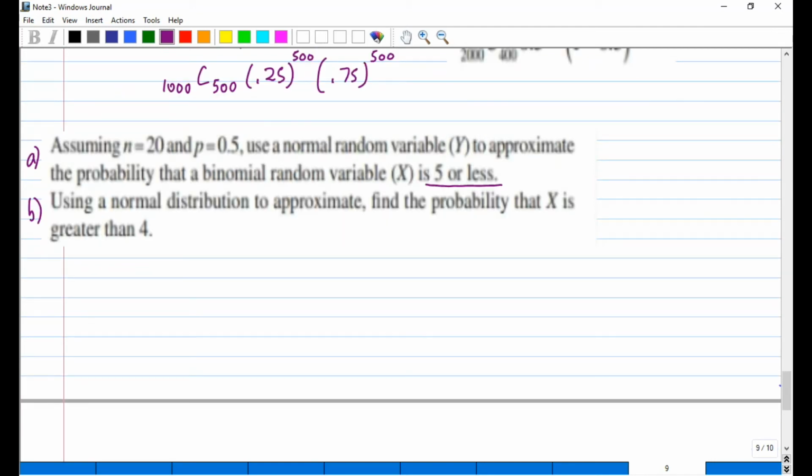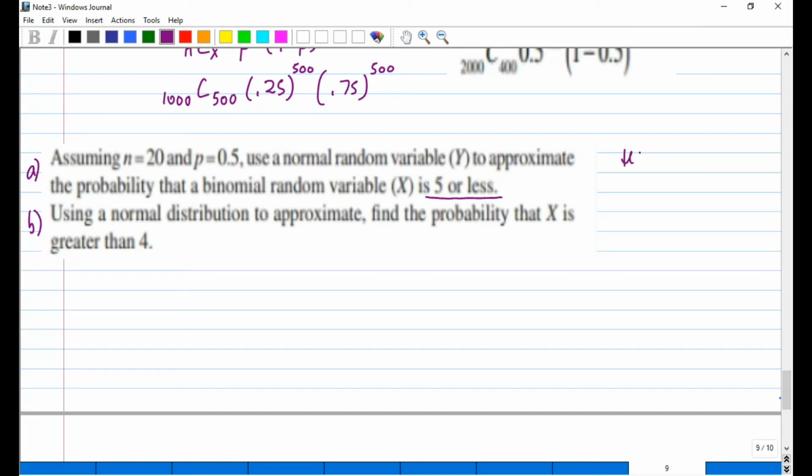Now, I'm not sure if you remember the formulas for the mean of a binomial. Do you remember that? You probably don't because they're on your formula sheet. But for binomial distributions, the way we calculate the mean, which is the same as the expected value, is just n times p. All right?